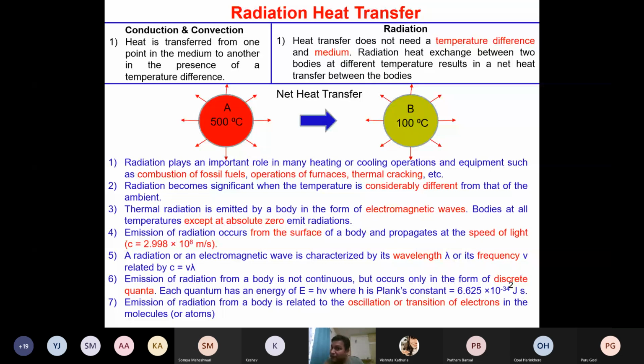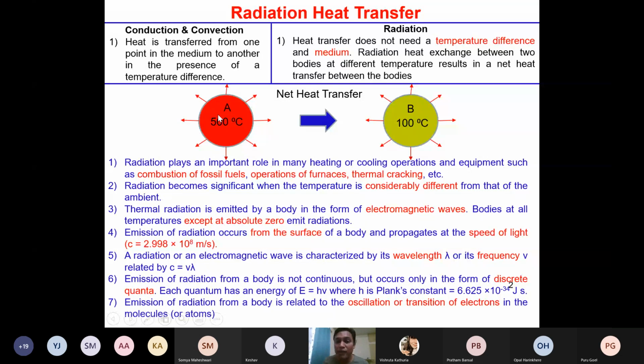But the net heat exchange between the hot and the cold body is primarily because of the difference in temperature. What I mean by net heat exchange is, if you look at the hot body shown here at 500 degrees Celsius and the cold body at 100 degrees Celsius, both are transferring heat to each other.